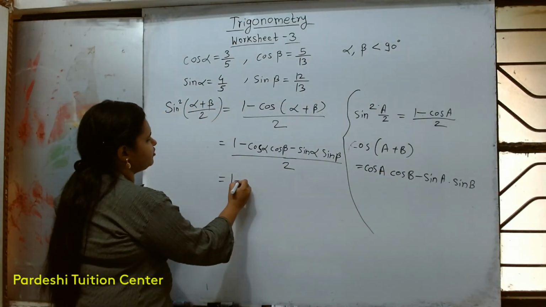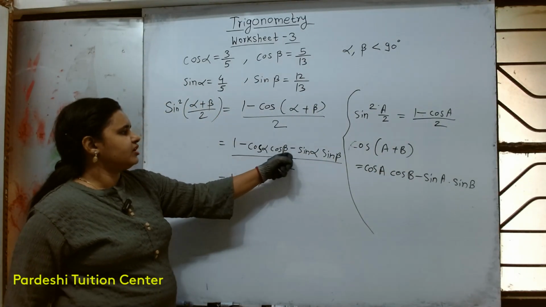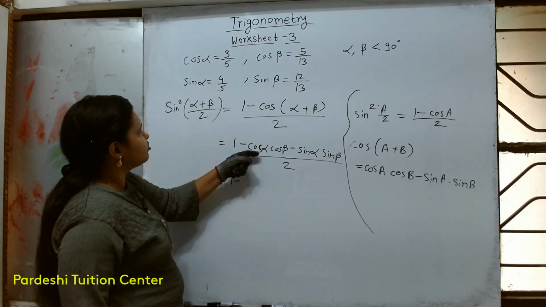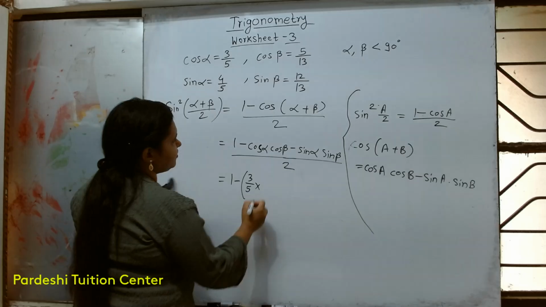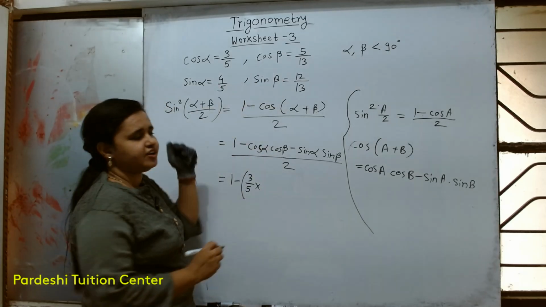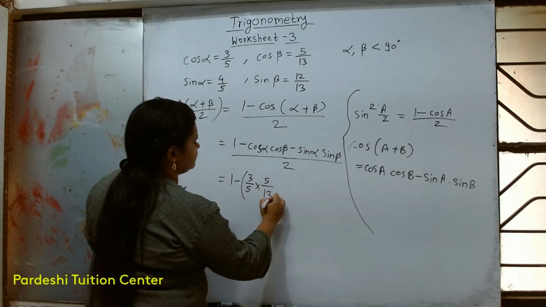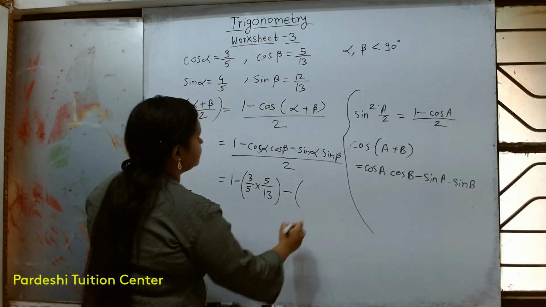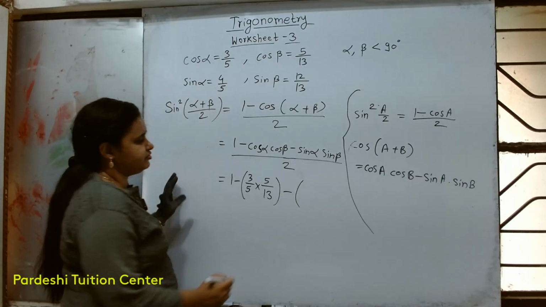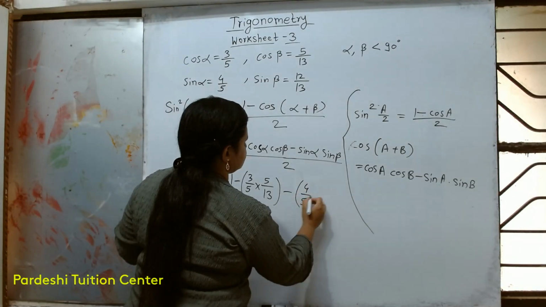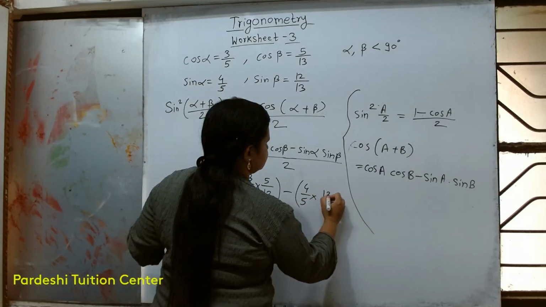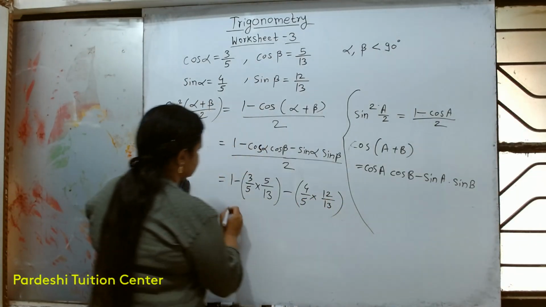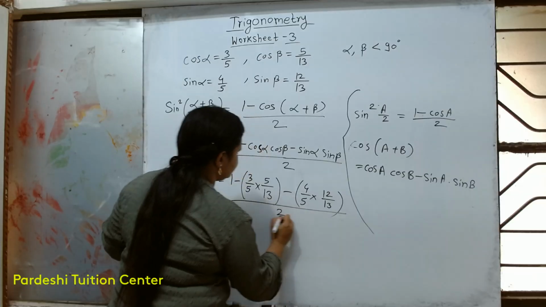Now again we will put in the values of cos alpha, cos beta, sin alpha, sin beta. So cos alpha was given 3 by 5, multiplied by cos beta, which is 5 by 13, minus sin alpha, which is 4 by 5, and sin beta is 12 by 13, and this is upon 2.